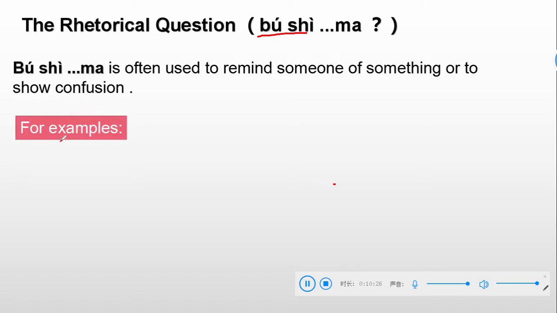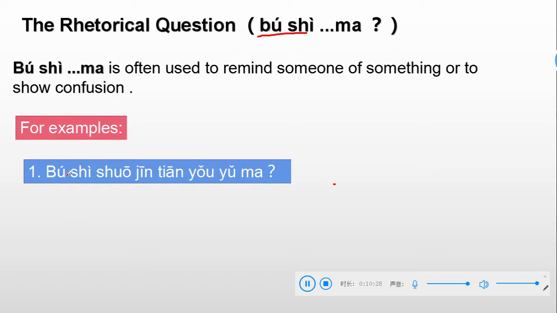Okay, examples. 第一个，不是说今天有雨吗？ First, we need to find 不是吗 because this is the sentence structure.